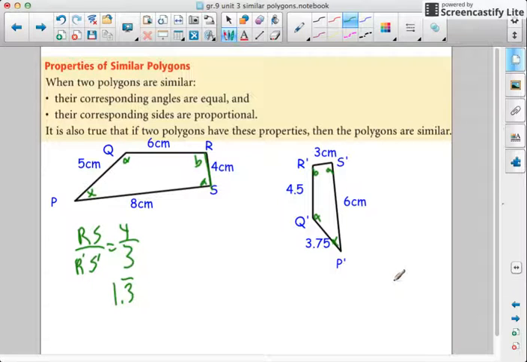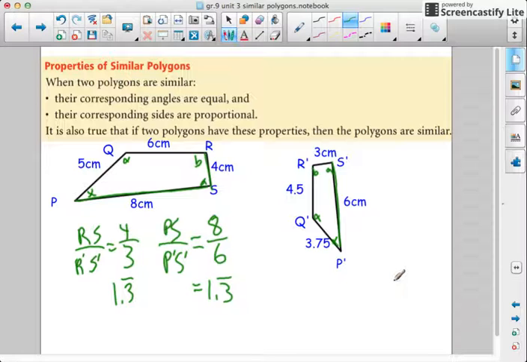That has to be the same as if I were to take this side, match it up with this side. So that would be PS over P'S', which is 8 over 6. So that also equals 1.3 repeating.